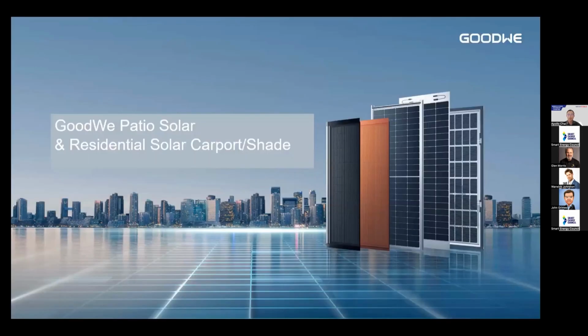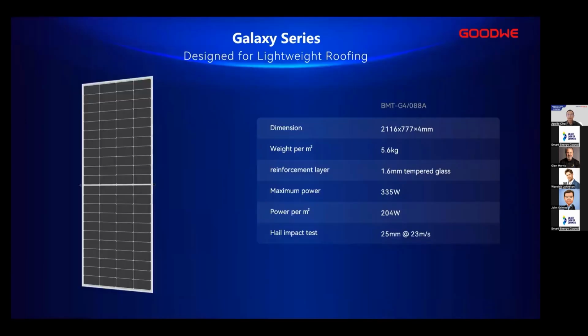Today I'll talk about the GoodWe patio solar, residential solar carport, and the shade. The first product I'd like to introduce is the Galaxy series, which is particularly designed for lightweight roofing or load-bearing roofs. As you can see, the typical feature is 5.6 kilograms per square meter, which is half the weight of a traditional panel.